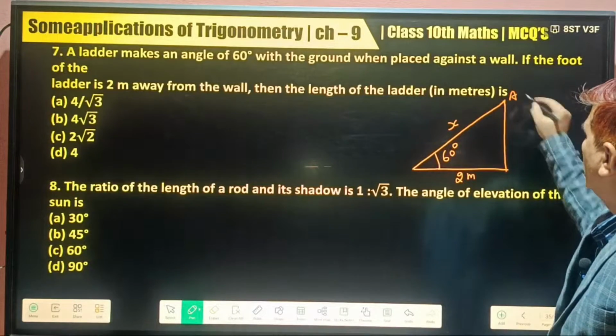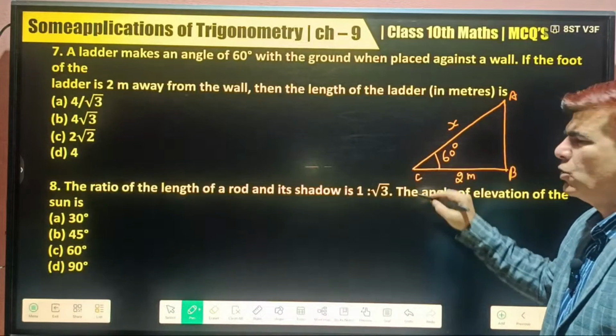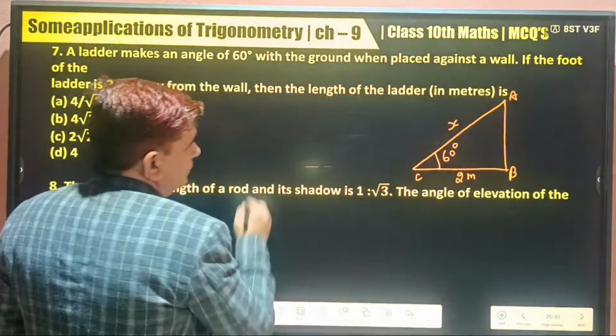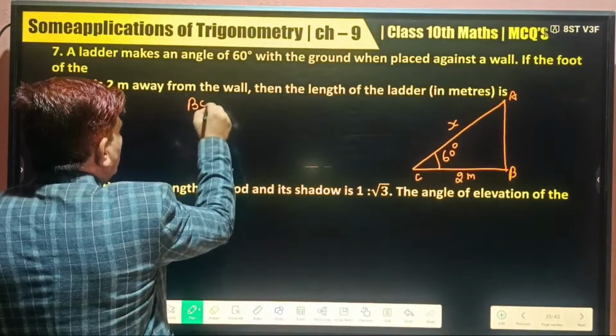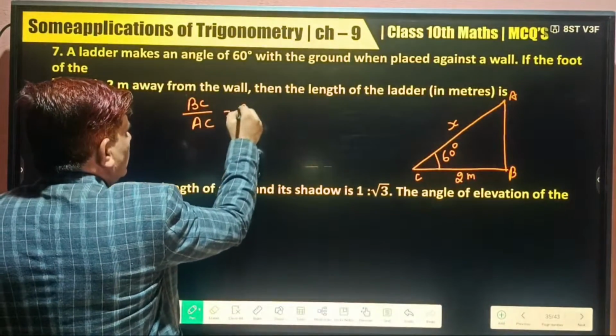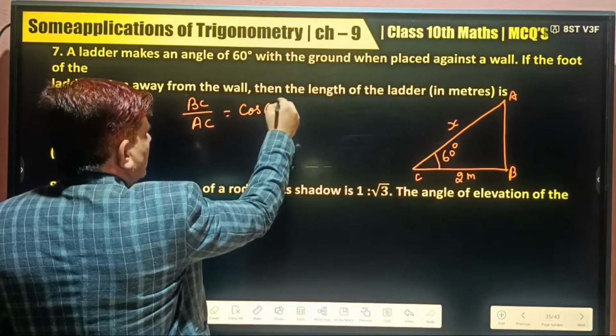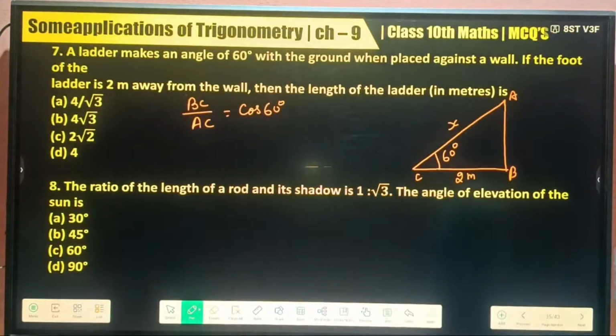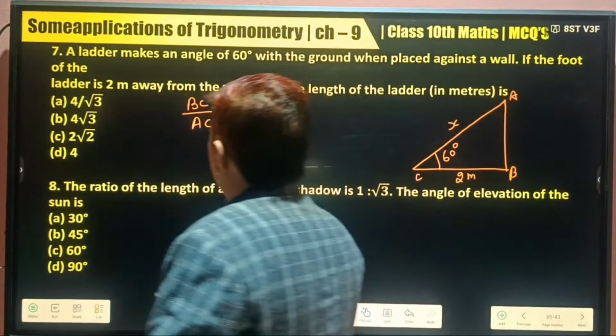So this is A, B, C. We can solve by using tangent theta also. But here what can we say? BC by AC is equal to cos 60 degree. Base by hypotenuse is cos. So cos 60. Cos 60 is how much?